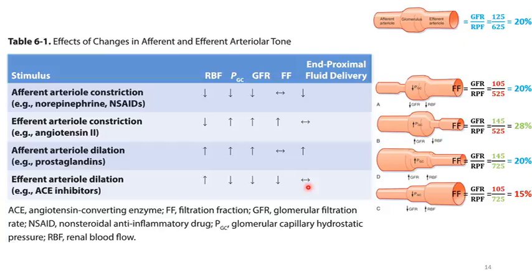But again, the amount of fluid that is delivered to the end of the proximal tubule will remain the same, because the GFR is decreased, but the reabsorption at the level of proximal tubule also is decreased, and the amount of fluid that reaches the end of the proximal tubule will remain the same.